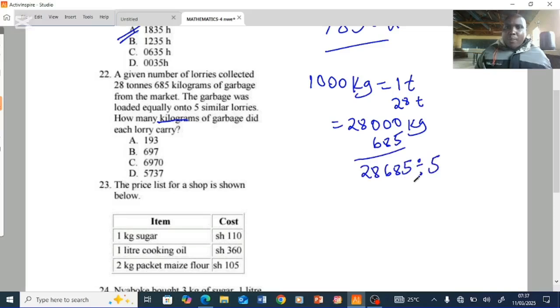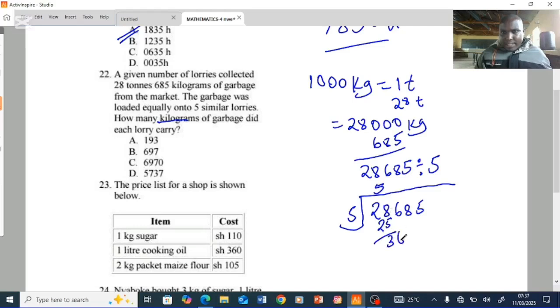So how much could each lorry carry? So you can divide like this: 28,685 divided by 5. So take 5, which is 25.